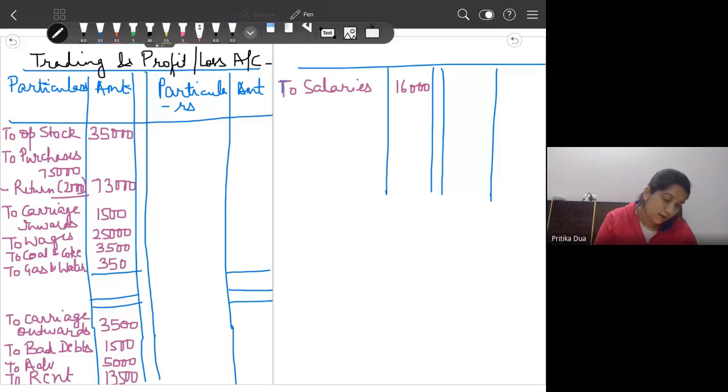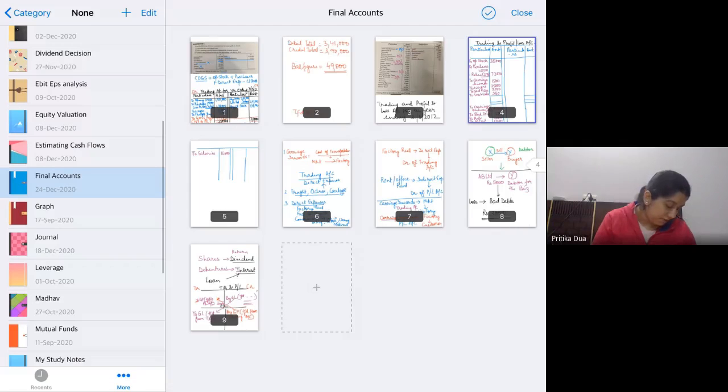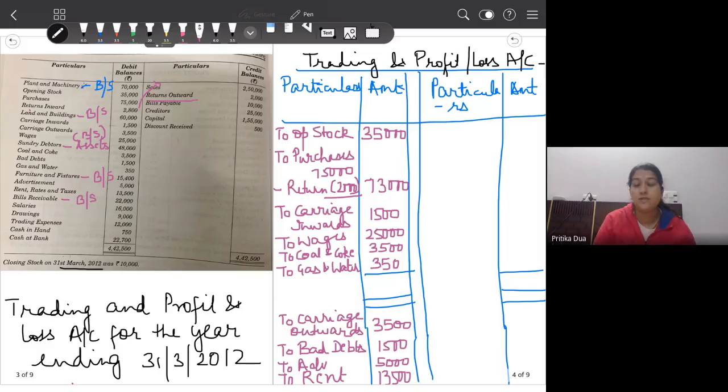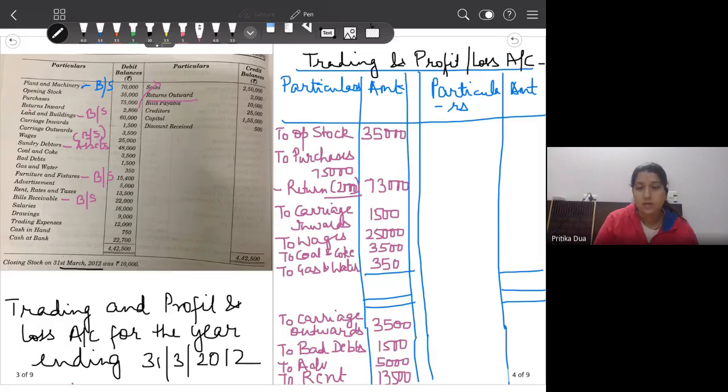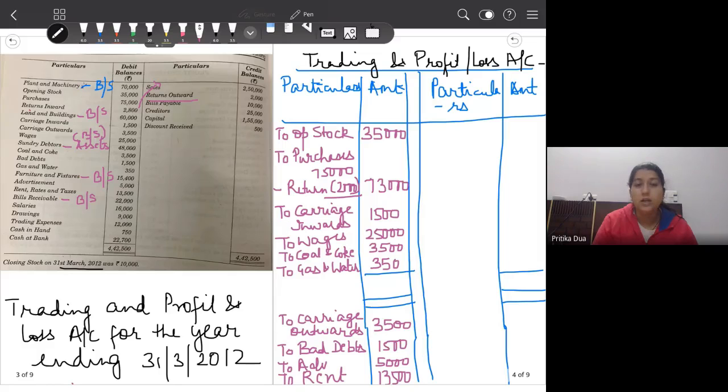Okay, moving back. Now, after that, you have drawings. Now, drawings, any money or asset withdrawn by the owner for personal use is known as drawings. So, something which is taken for personal use is not related to the business and is adjusted accordingly.